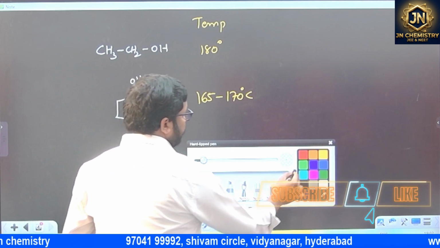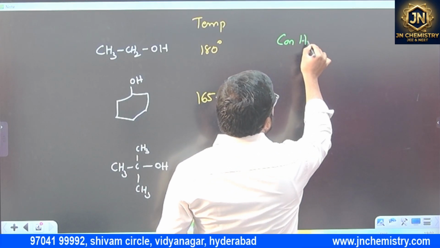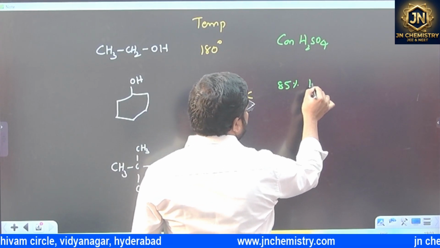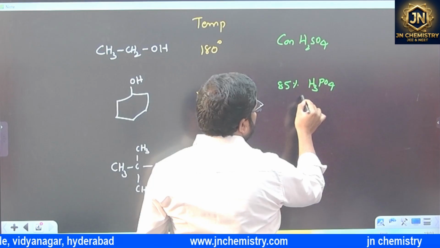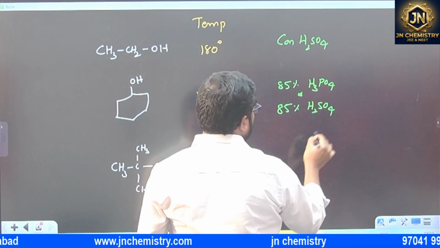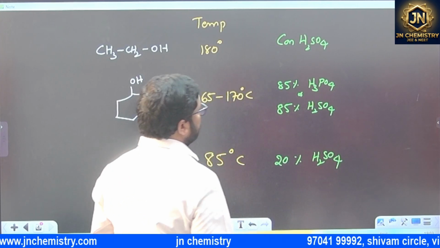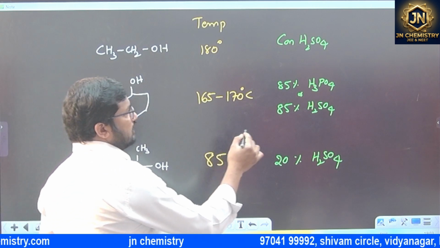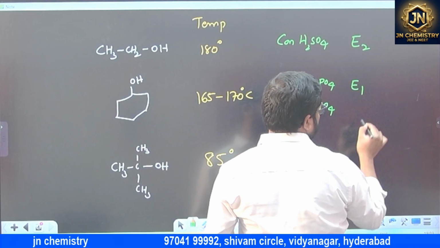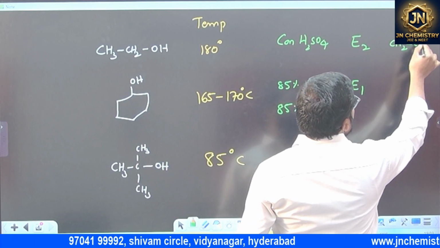The reagent is concentrated H2SO4, or 85% H3PO4, or 85% H2SO4. In the tertiary case, 20% H2SO4 is required. This undergoes E2, and this one E1. We know the product is CH2 double bond CH2.